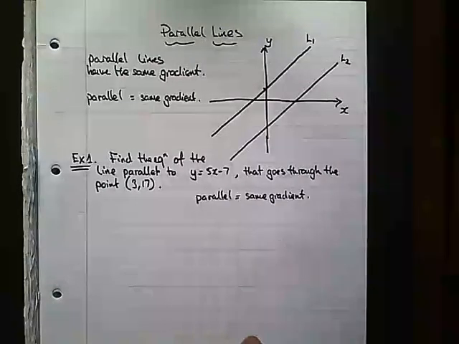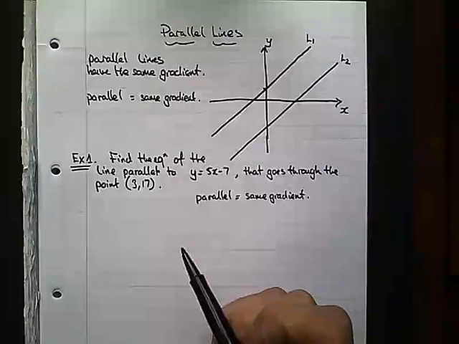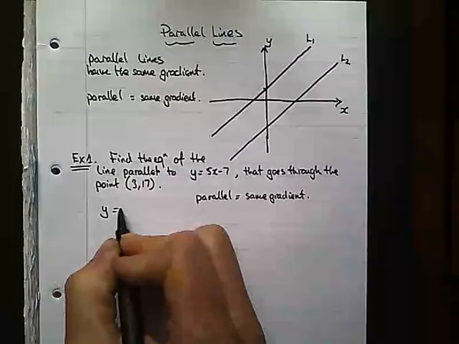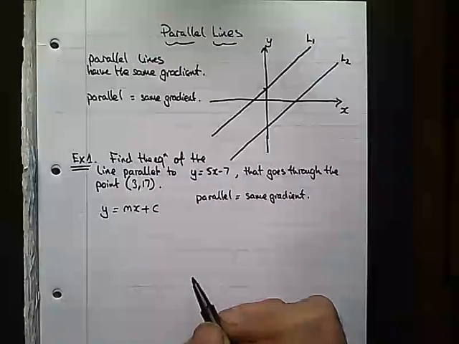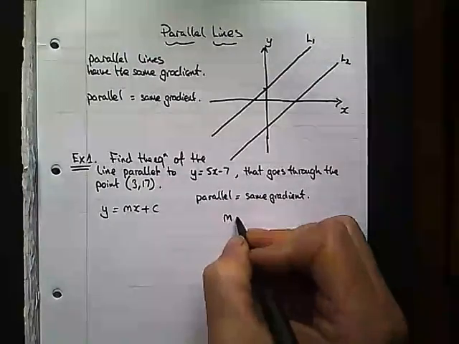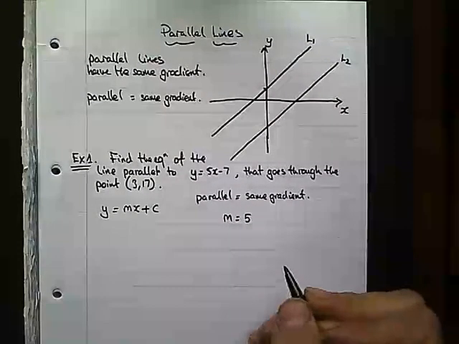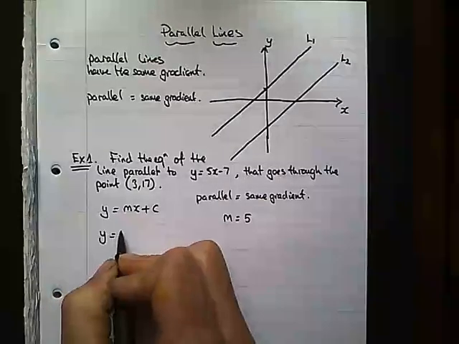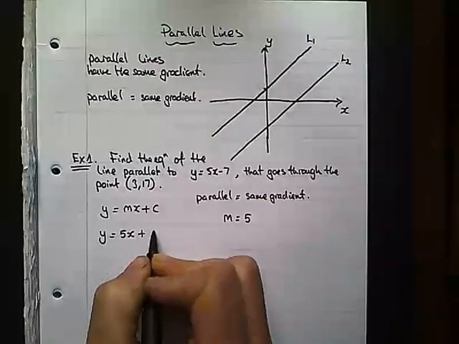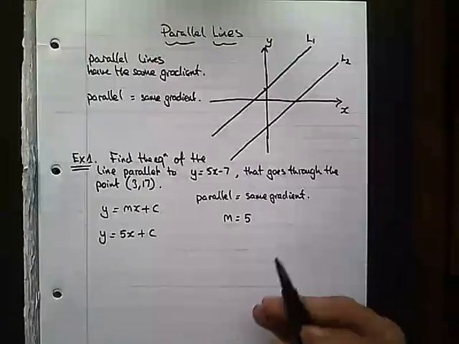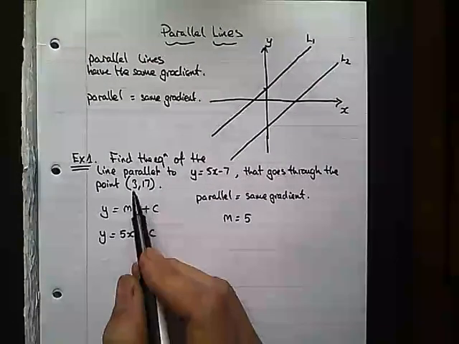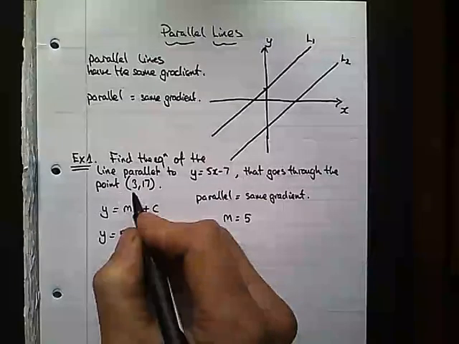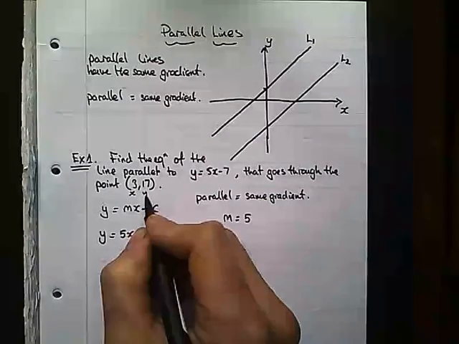So go back to the general form of an equation, which is y equals mx plus c, and we know m equals 5. So we can put that in: y equals 5x plus c. Now, we need to work out the c value. To work out the c value, we use these coordinates. Remember, this is the x coordinate and this is the y coordinate.